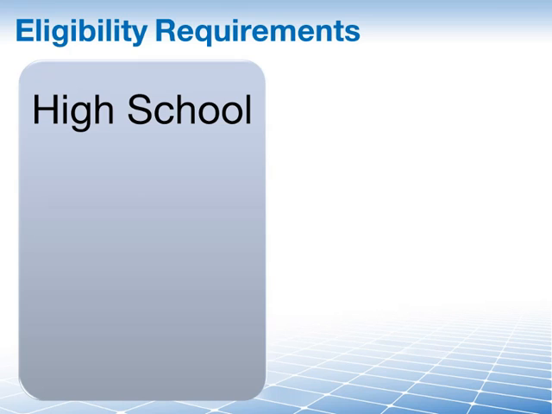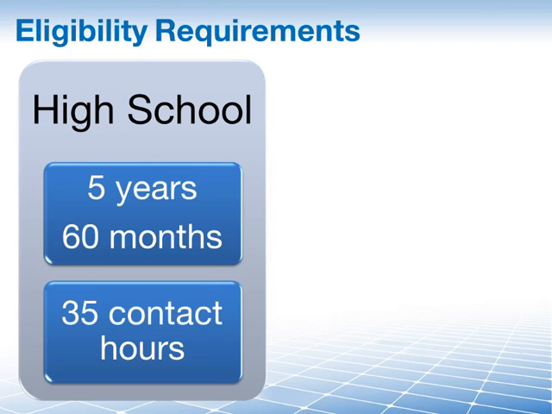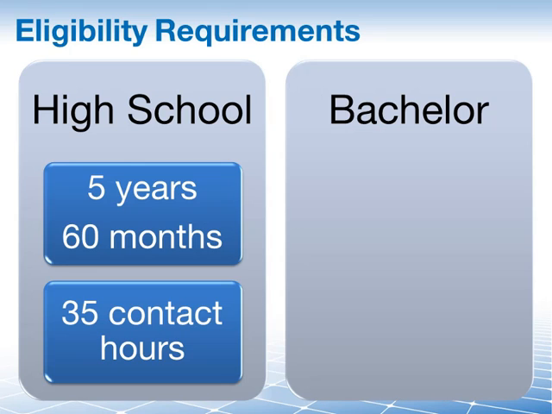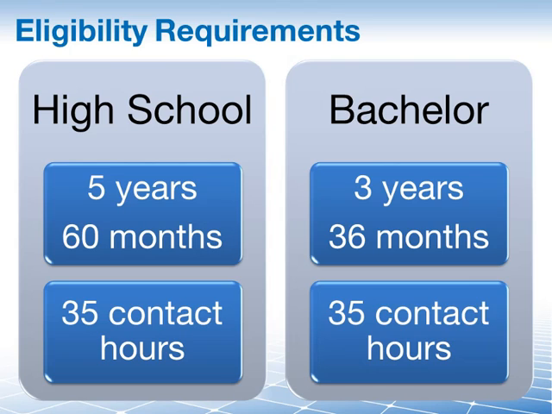If you are like me and you have a high school diploma but not a bachelor's degree, then you need to be able to show at least 5 years or 60 months of non-overlapping project management experience. In addition, you also need 35 contact hours of project management education. If, however, you have a bachelor's degree, then you still need to be able to show 3 years or 35 months of non-overlapping project management experience, and you also need the very same 35 contact hours of project management education.